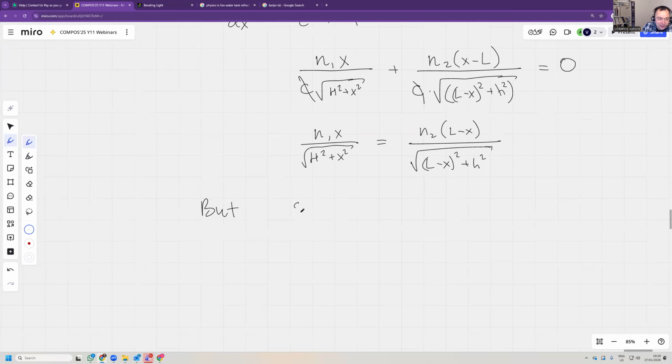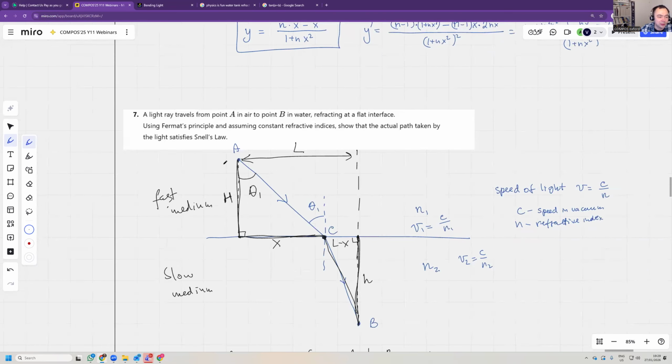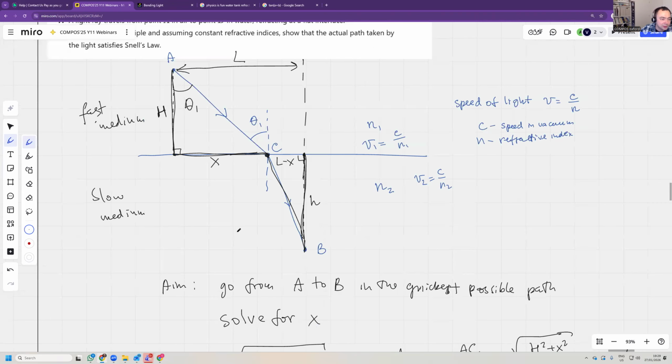Sine theta 1 is the opposite, x, divided by the hypotenuse, which is square root of h squared plus x squared.